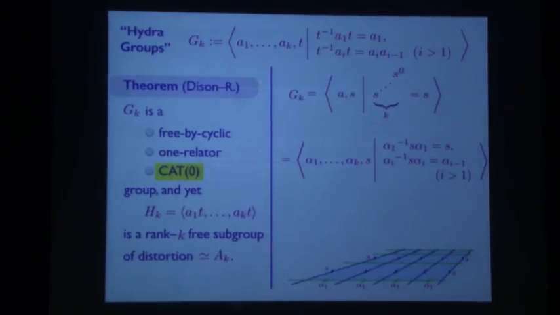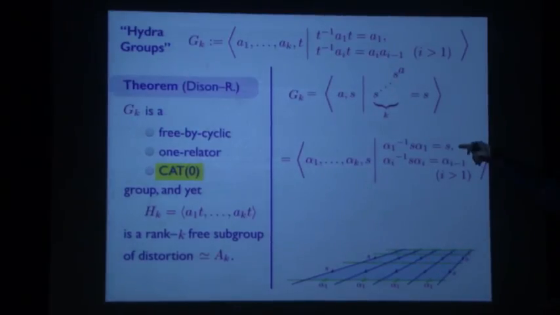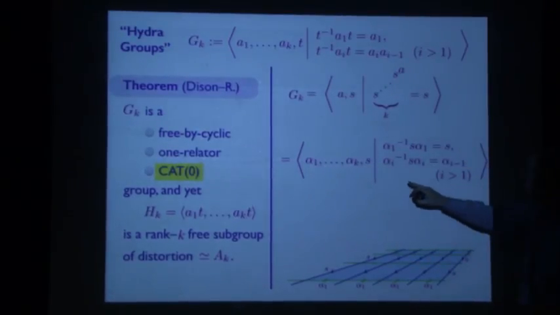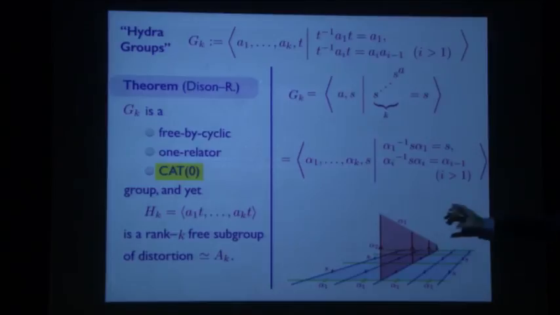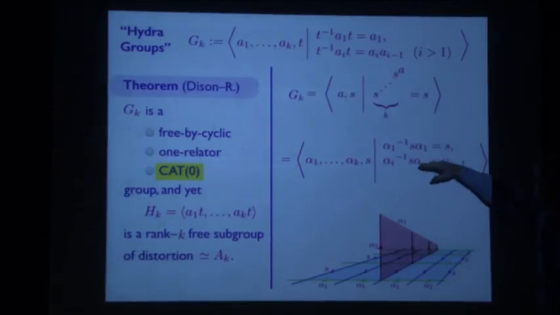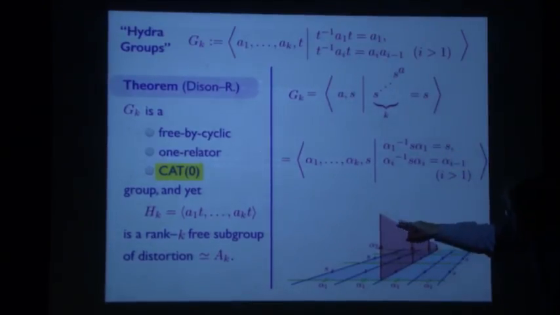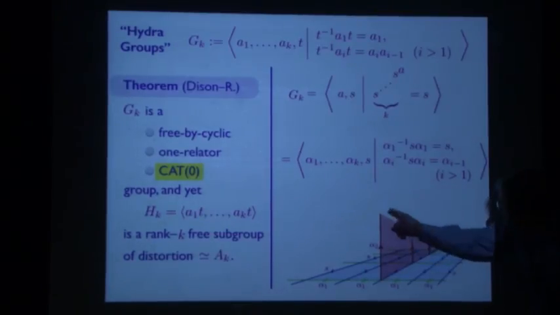And then when we go to G2, we introduce alpha 2. We've got one more relation that says that alpha 2 conjugates S to alpha 1. Well, that gives, in the Cayley 2-complex, these sort of corridors of cells. These also give squares, and these squares tell us that alpha 2 conjugates S to alpha 1.